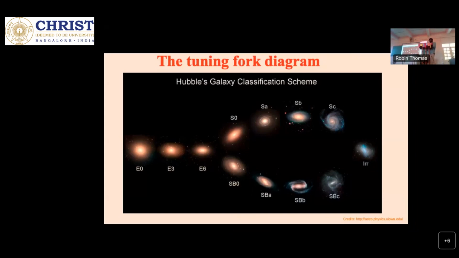So he classified them as early type galaxies, meaning the initial stage. He considered ellipticals as early type galaxies and spirals as late type galaxies. Even though the idea has now changed, we still use the same terminology, considering early type galaxies as ellipticals. We'll come to that point. So the idea was that evolution happens from ellipticals to spirals.